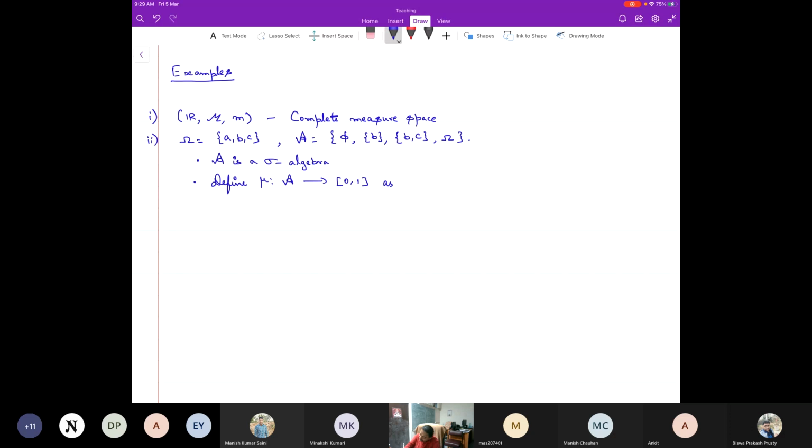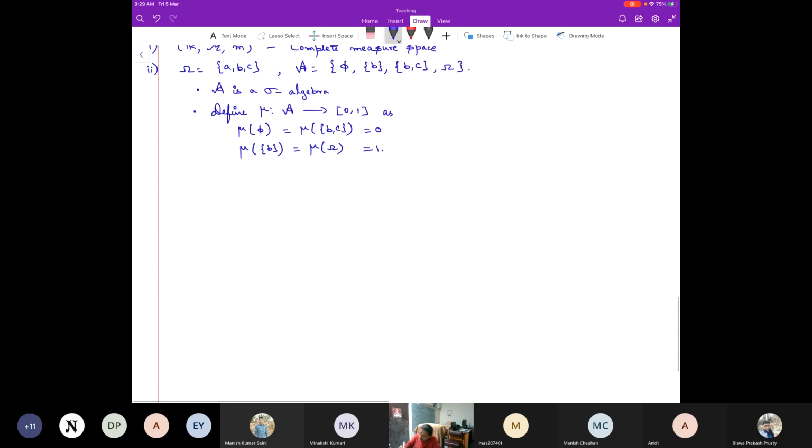I have only 4 sets, so let me define mu of empty set equal to mu of {a, c} equal to 0. And then the remaining, mu of singleton {b} equal to mu of omega equal to 1. Again, you can verify that mu is a measure.